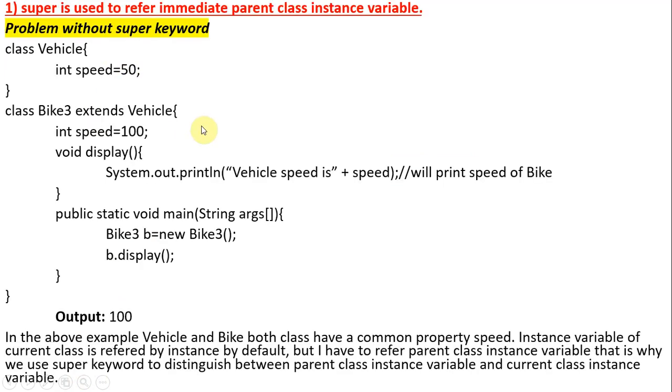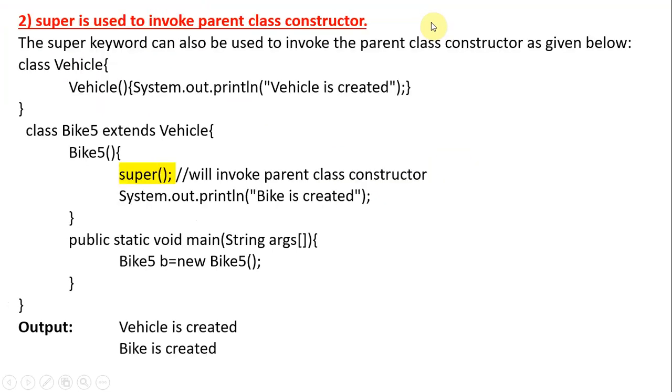The difference from the previous example is that if the superclass and subclass variables have the same name, then when we call them in the subclass, only the subclass variables are accessible. If you want to access the superclass variable or data, then you have to use super. So this is the use of the super keyword to refer to the immediate parent class instance variable.